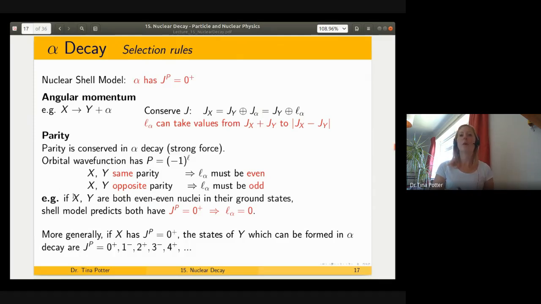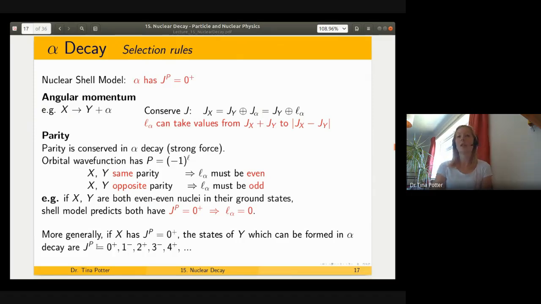Now, if both of these nuclei are even nuclei and they're in their ground states, they should both be 0 plus. And that means that we can only have L equals 0, because we can't carry away any angular momentum going from a J equals 0 to a J equals 0 state.